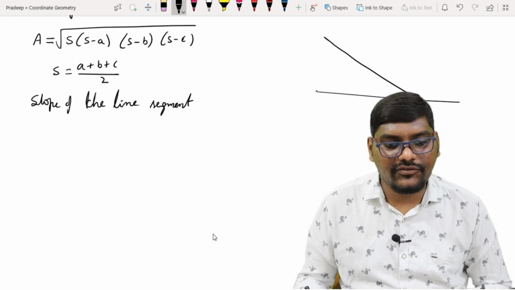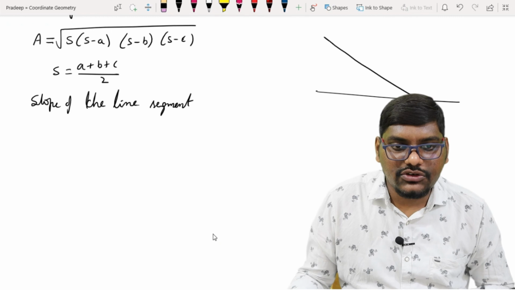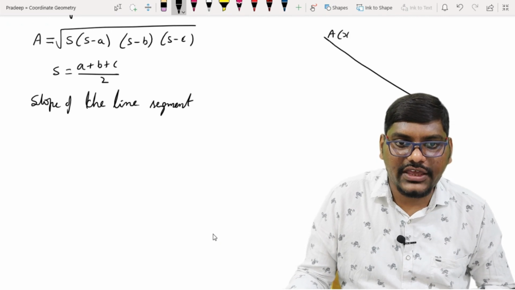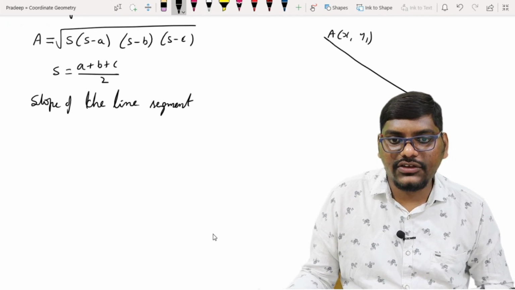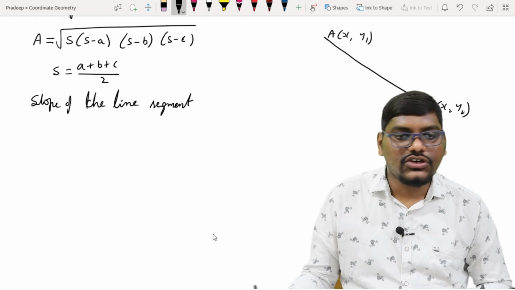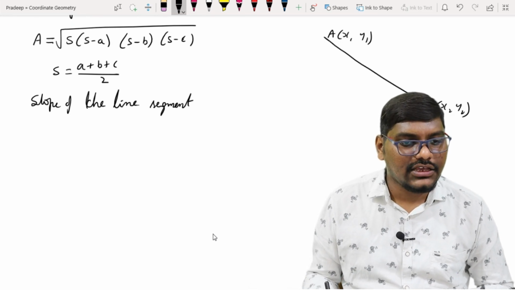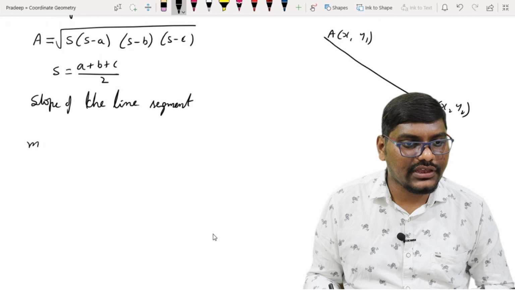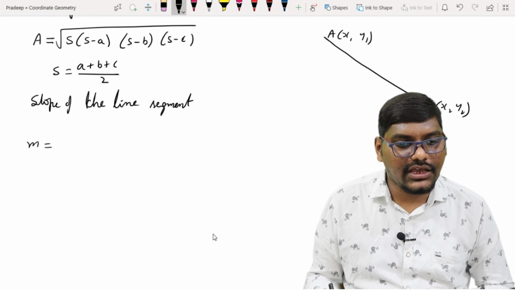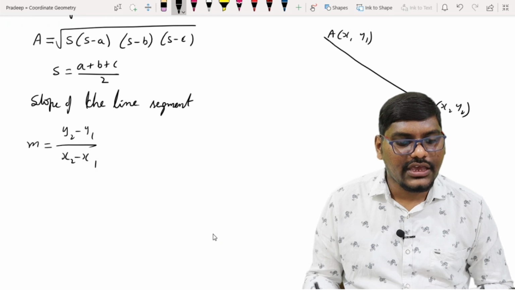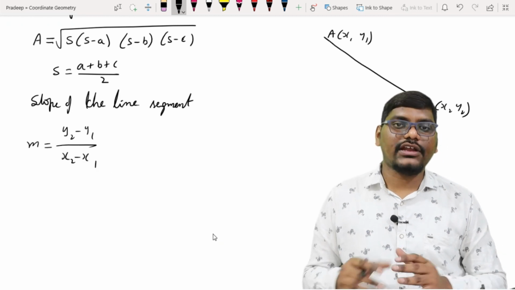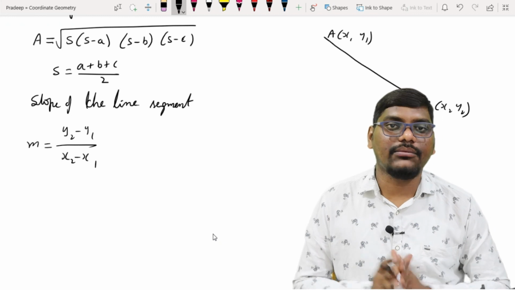Suppose this is a line having the coordinates x1 y1 and x2 y2, and we find the slope of the line. The slope is represented with m. So m is equal to y2 minus y1 by x2 minus x1. This is the way we find the slope of the particular line segment.